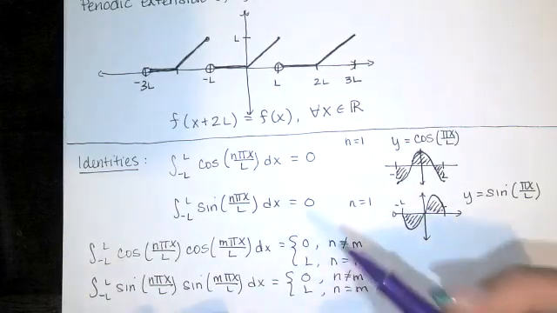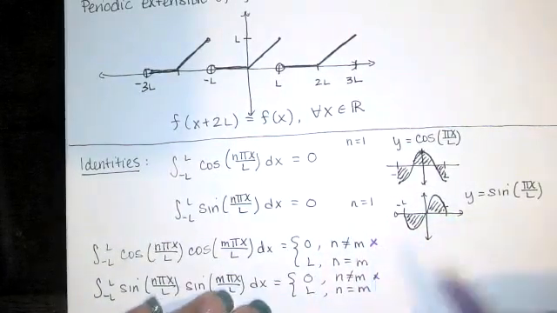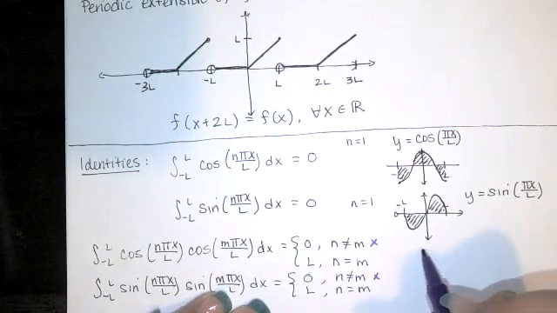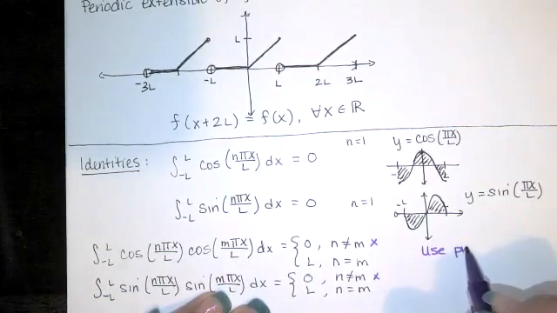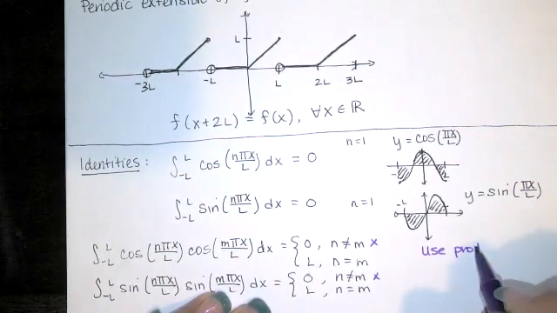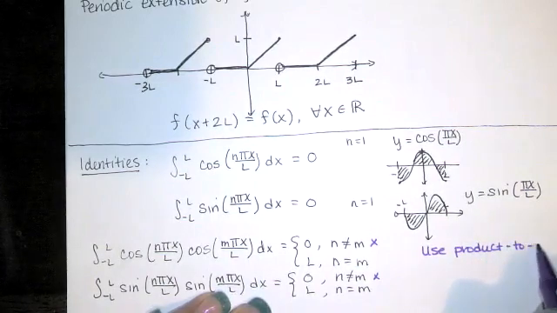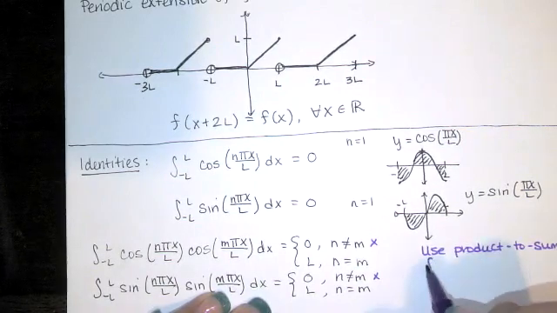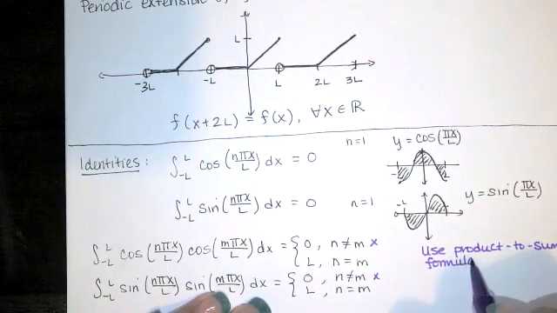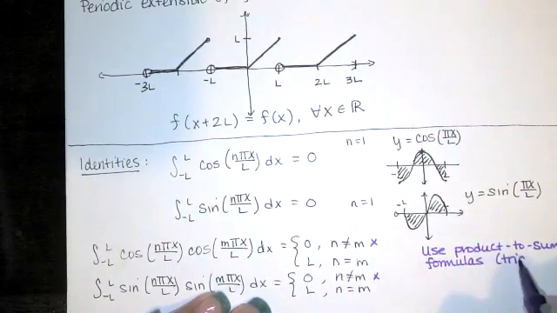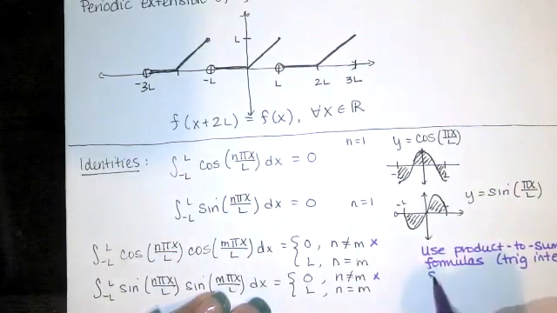And again, to prove the ones that involve the 0, you're going to use the product to sum formulas. If you're looking this up in a calc book, you want to look up the trig integrals section of that calc book.